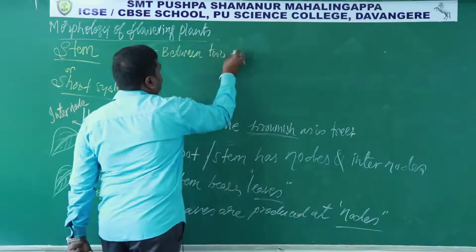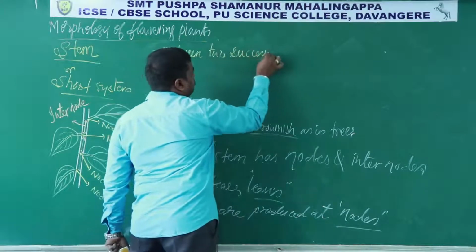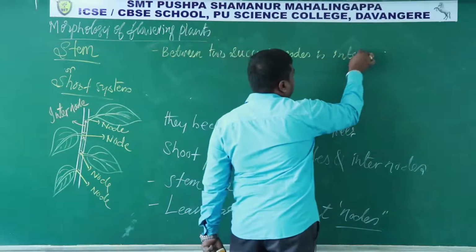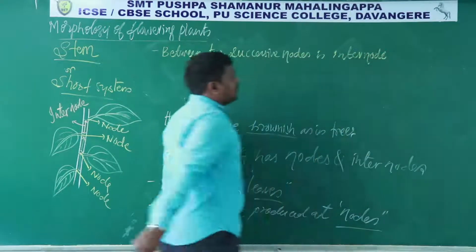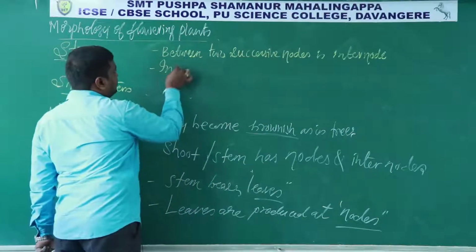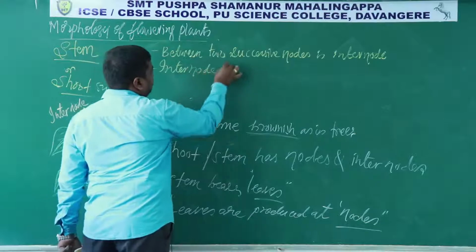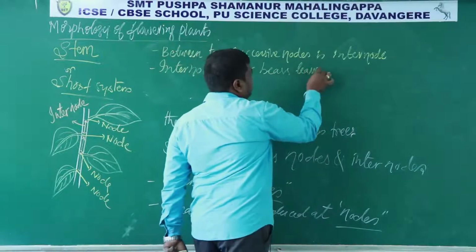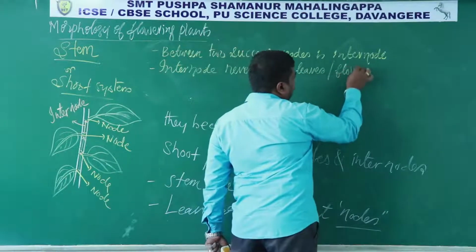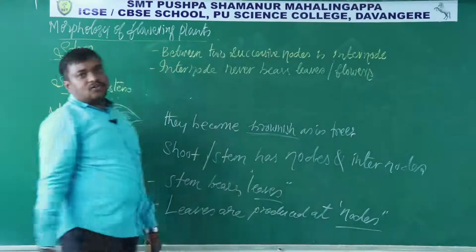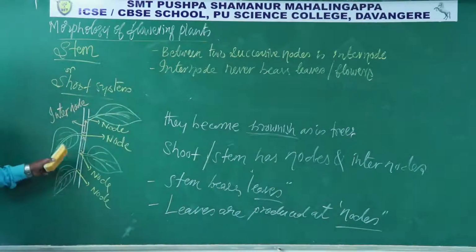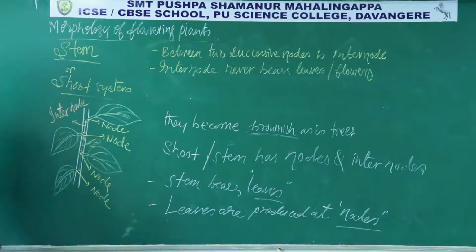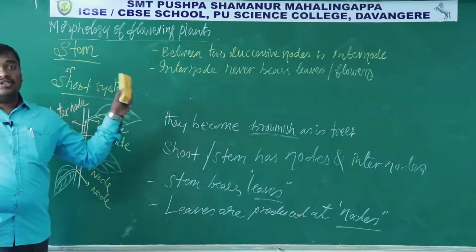Between two successive nodes is internode. Okay, internode never bears leaves or flowers. Flowers and leaves are always produced at the nodal part.